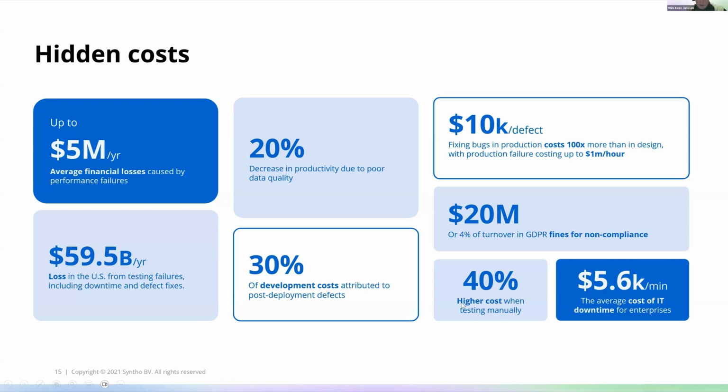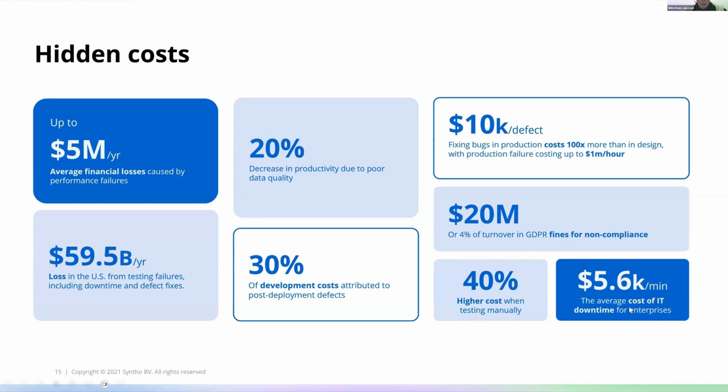Finally, there is 40% higher cost when testing manually. You want, of course, automated and fast modern solutions to do this. With an average cost of IT downtime for enterprises of around 5.6 thousand per month.